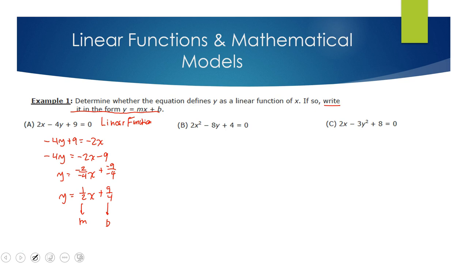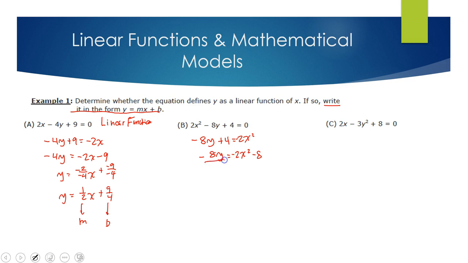For b, it looks very similar. I'm still going to go through the same process. I'm going to subtract 2x squared from both sides. Negative 8y plus 4 equals 2x squared. I'm going to subtract 4 from both sides. That should be a negative 2x squared.